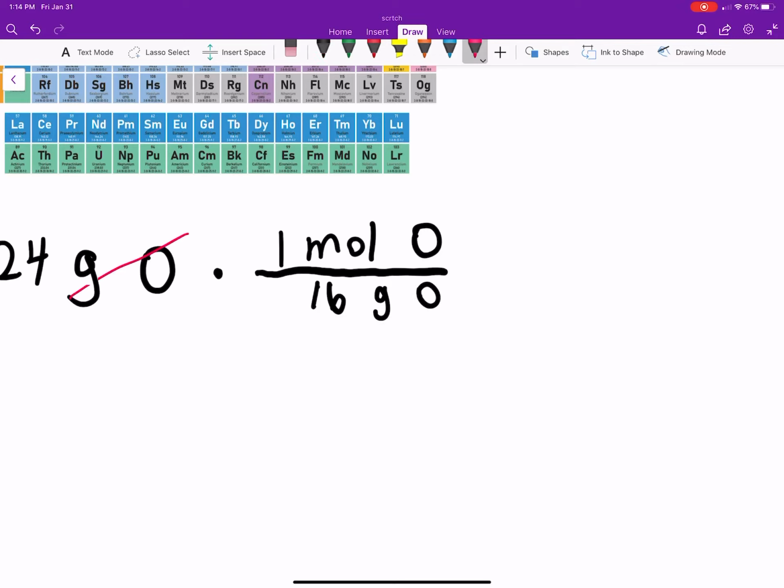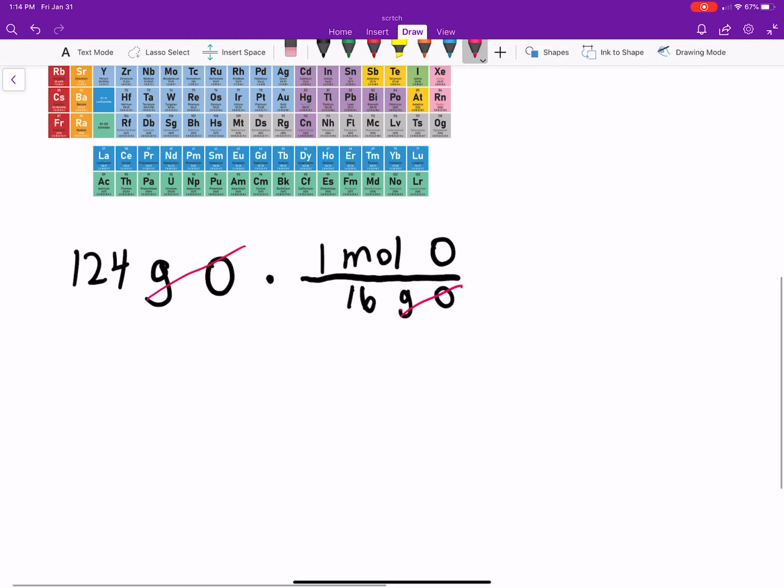And we see the grams of oxygen drop, right? And then it's just 124 divided by 16. It should get you about 7.75 moles of oxygen. So that's just a quick, easy problem. Converting is going to be important. It's good to refresh it, so we'll continue to do that. But just know that we can go to the periodic table and find all these things, which is super helpful.